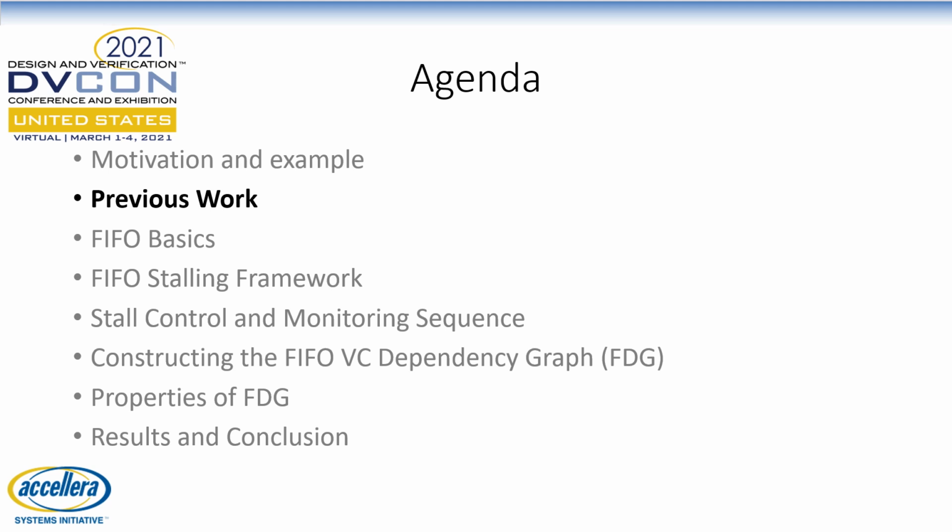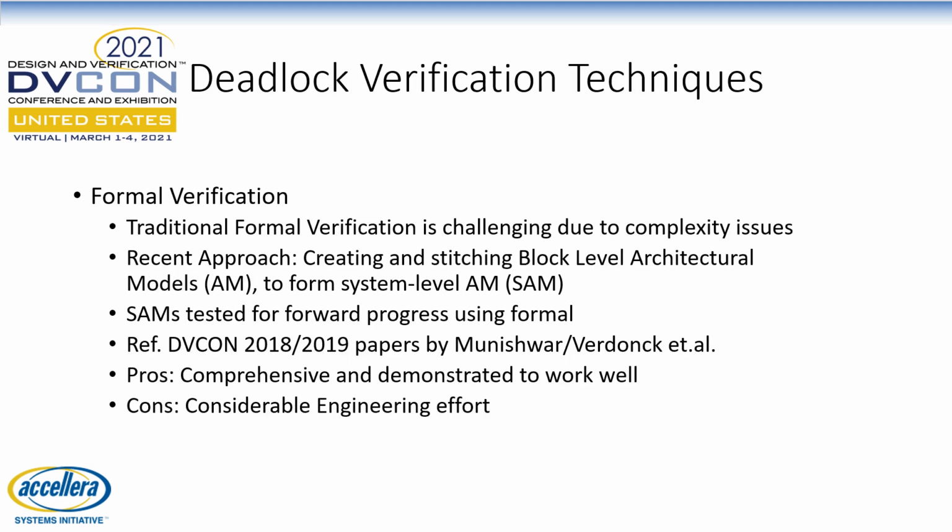Moving on to previous work on this topic. System-level deadlock verification uses a mix of formal verification techniques as well as simulation-based verification techniques. Formal verification has been used successfully at block levels to find deadlock cases, but had some problems scaling up to system level due to the increasing complexity of exhaustively searching the state space.